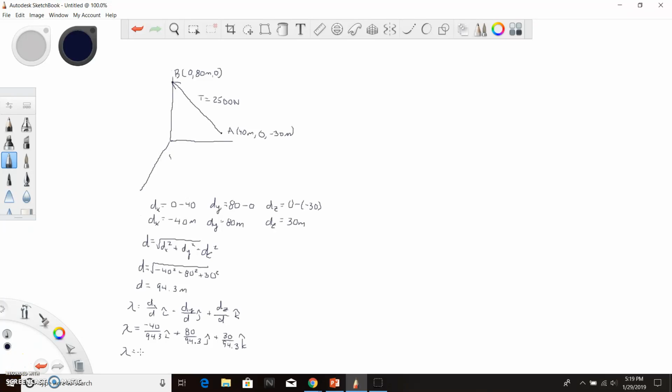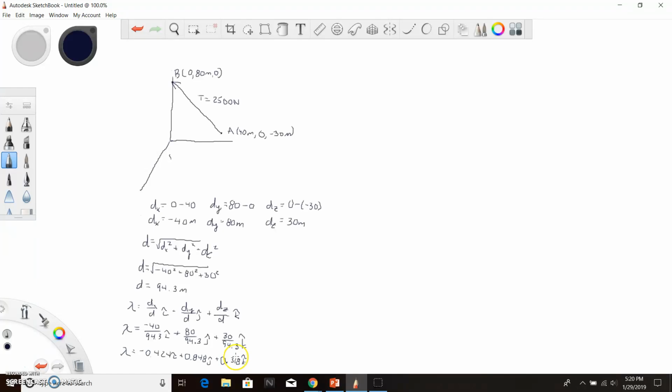Okay, if we take negative 40 divided by 94.3, we're going to get a negative 0.424 i hat, plus 80 divided by 94.3 is 0.848 j hat, plus 30 divided by 94.3 is 0.318 k hat.